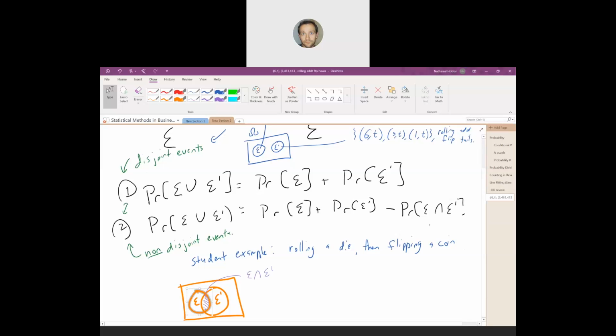So an example of this might be, e.g., roll odd, flip heads versus roll one, flip heads. Something like that.